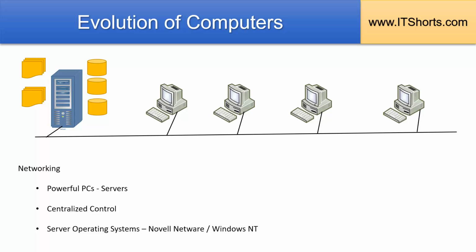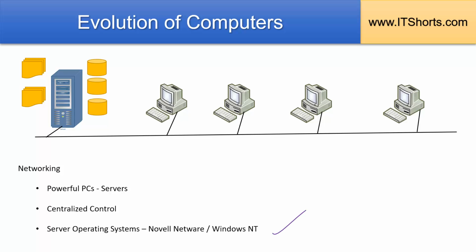Since these server computers are sharing their resources, the operating systems running in these computers had to be different than the operating systems running in the user computers. So they had to be more powerful, multi-user oriented, as well as highly secured. So these operating systems are called server operating systems.